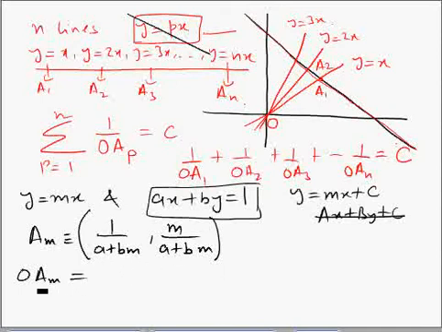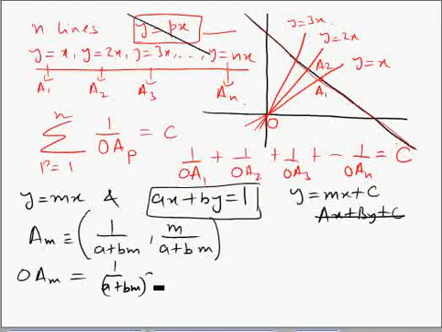So we can apply the distance formula. If you apply the distance formula, we'll get the square root of 1 by a plus bm square plus m square over a plus bm square.